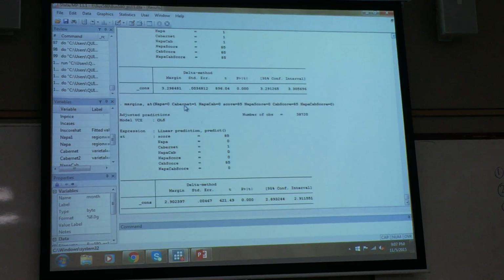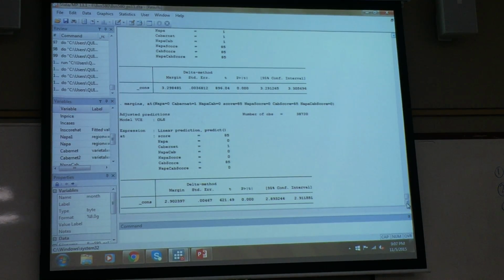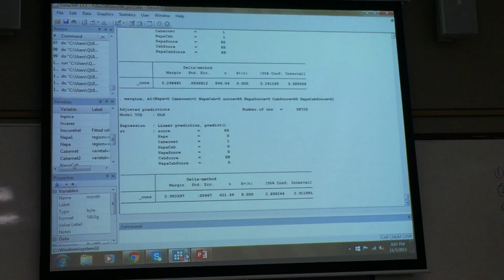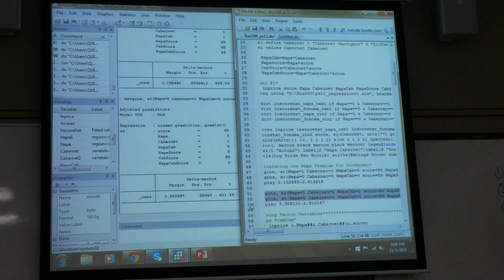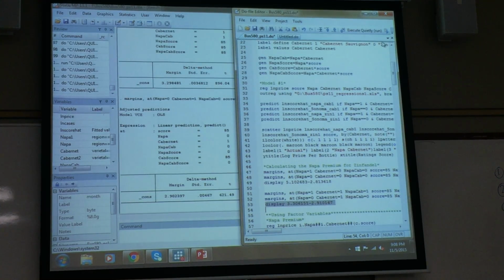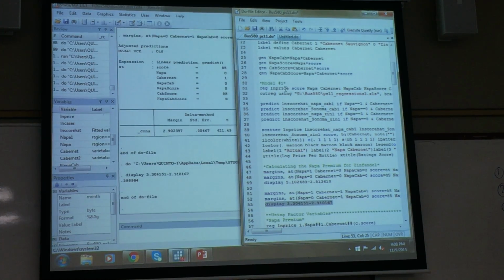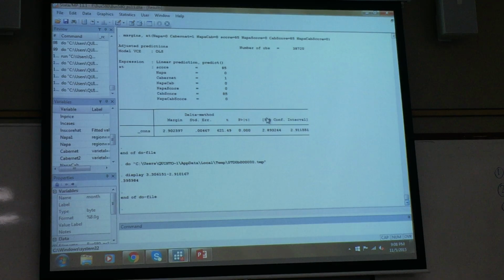Oh, 3.2. Sonoma Cab, 2.9. You take the difference, and we get, it's a little bit different, but it's 39%. I think we got 33% in the paper.